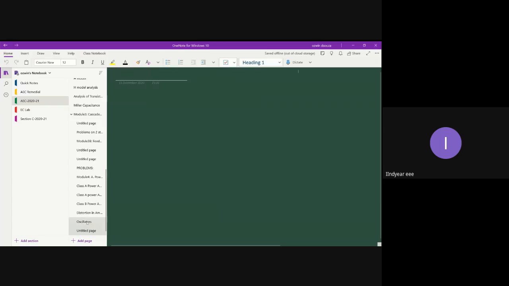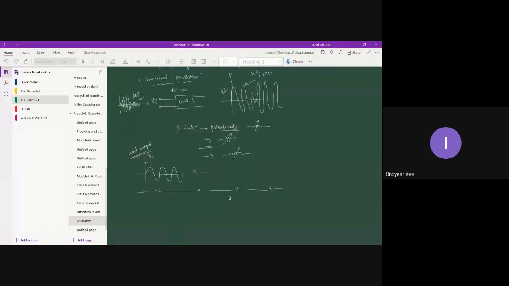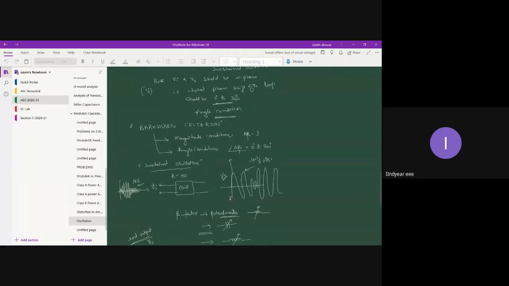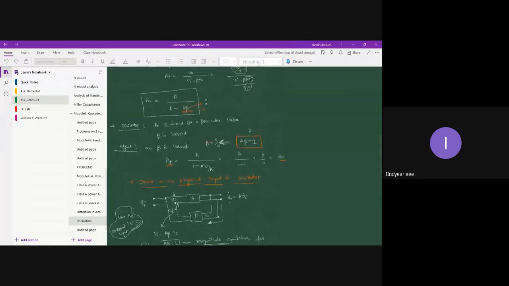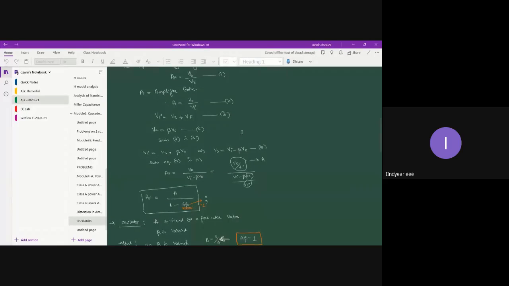Okay. So in the previous class, we spoke about oscillator circuits, right? We spoke about the condition for oscillation, and we also derived an expression for loop gain for an oscillator circuit.